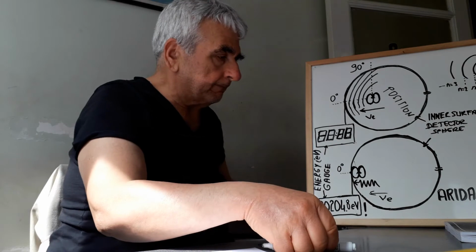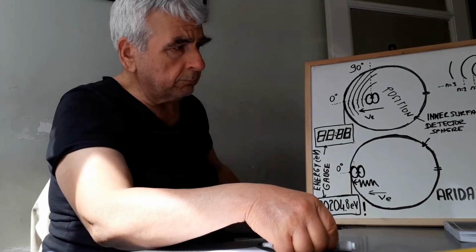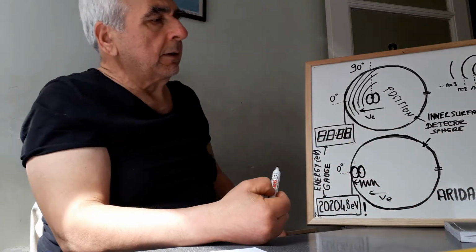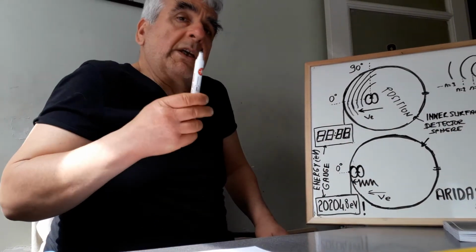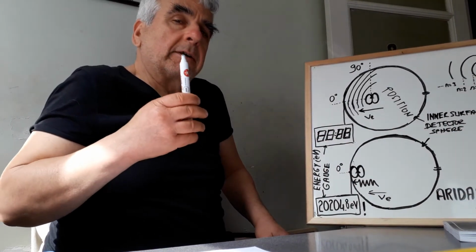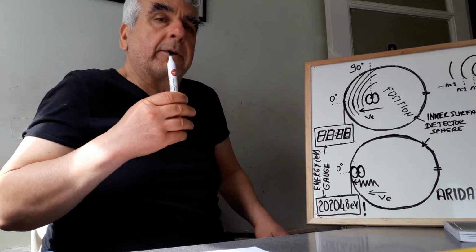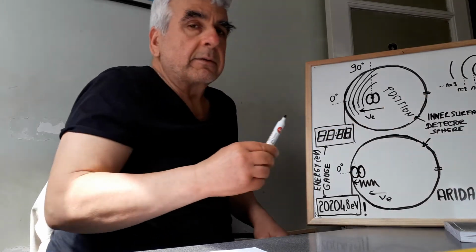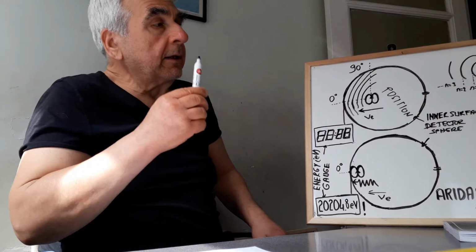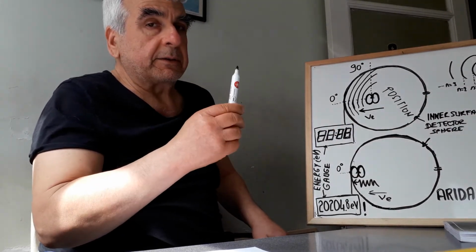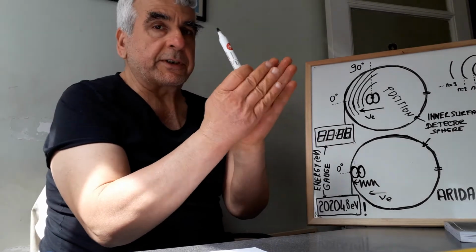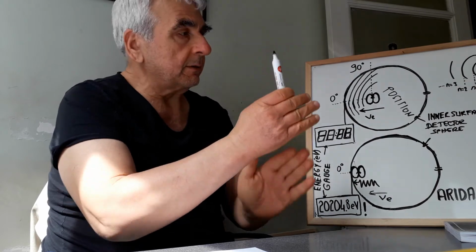Okay. Here, we know, then we predicted, according to my theory and my formulas, we predicted the electron velocity and we predicted its first cycle's energy.